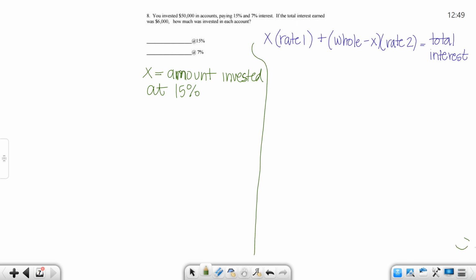Okay, so following along, I'm going to have X times 15%, and 15% would be 0.15.